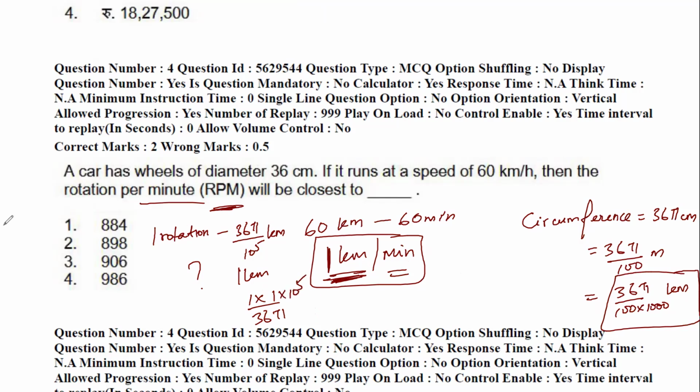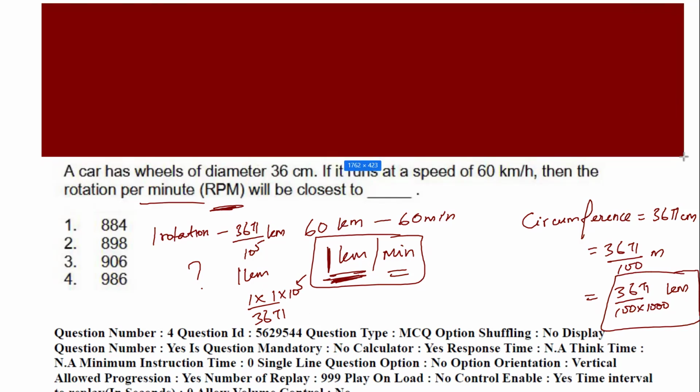So the calculation part, we'll do it out here. So that is 10 to the power 5, which is 1 lakh, upon 36, and then 22 by 7.